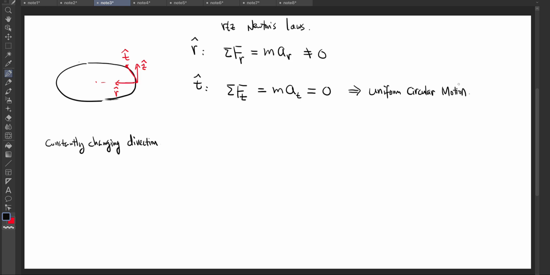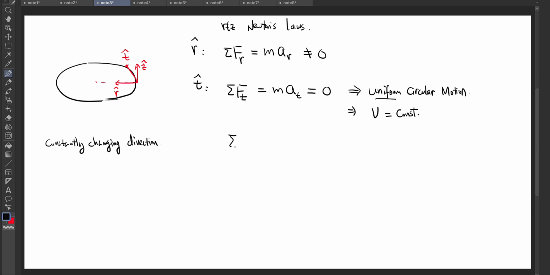Because in this case, the velocity is constant in magnitude, or you can say the speed is a constant.